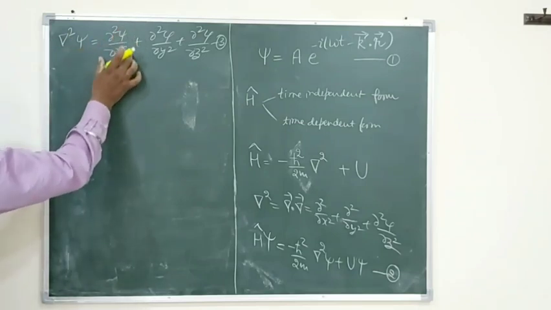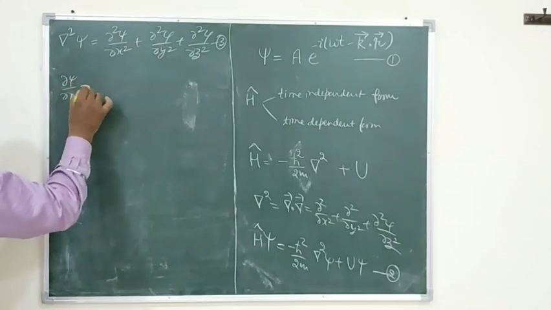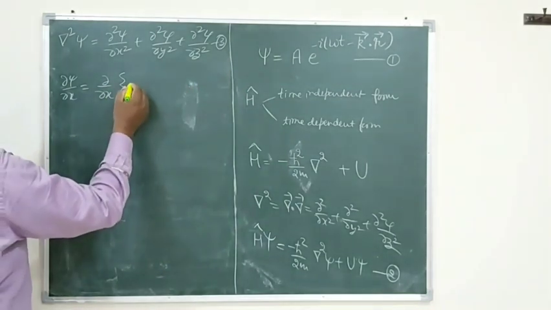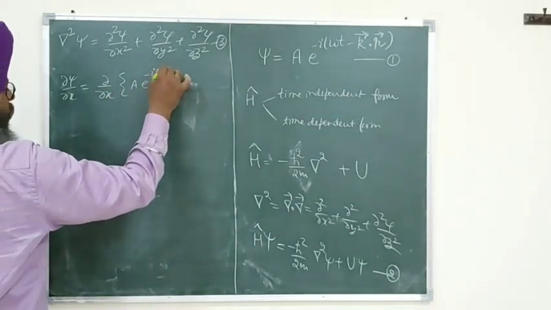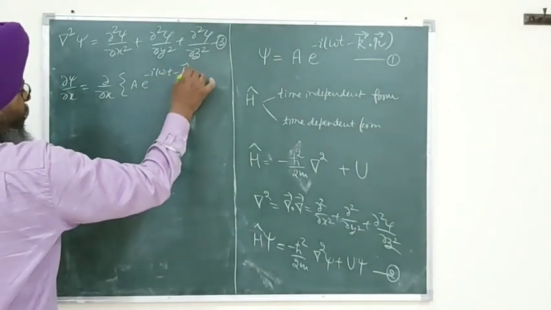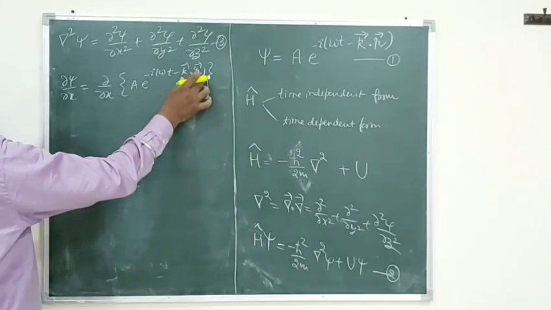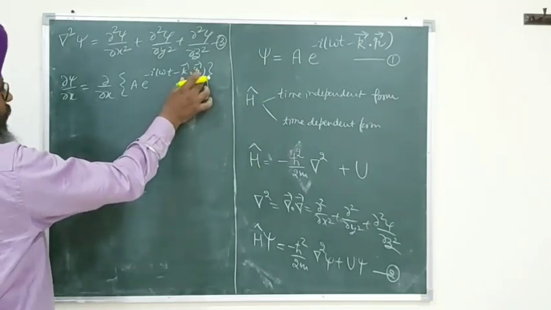So let us now find its first derivative, curly psi by curly x. It is curly by curly x of psi. Put the value of psi from equation 1. It is a e raised to power minus iota omega t minus k dot r. Kindly remember, k dot r is equal to kx into x plus ky into y plus kz into z.